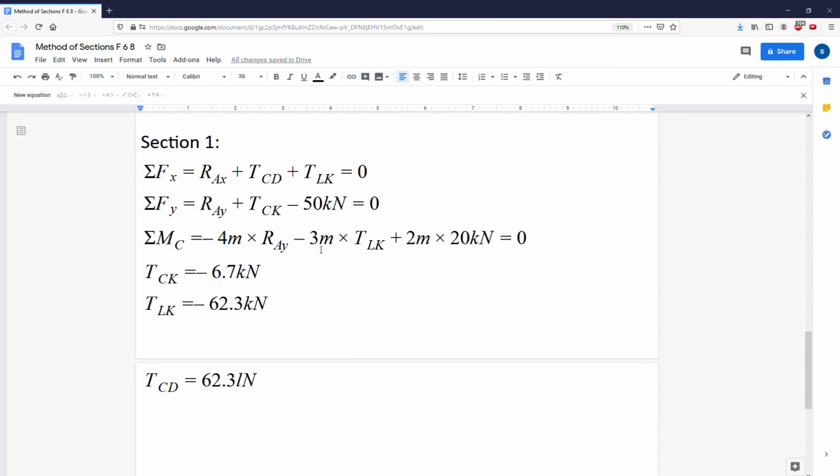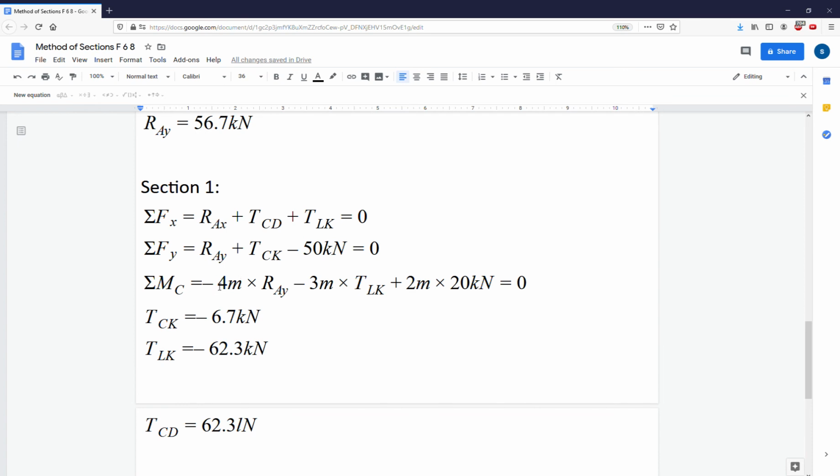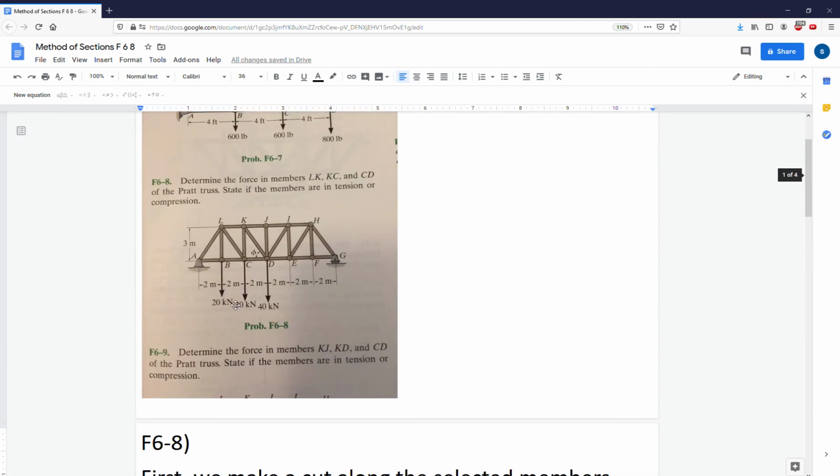So if you do that, the sum of moment equation becomes negative 4 meters times RAY minus 3 meters times TLK plus 2 meters times this 20 kilonewton load. Again, the 30 kilonewton load, tension CD, and tension CK all have no moment arm.